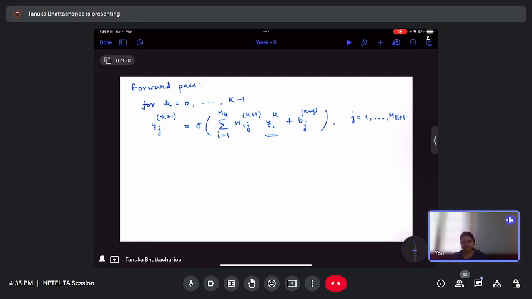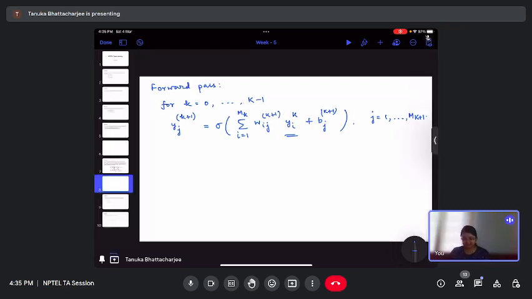In the kth layer you have, let us say, a total of mk neurons, so the summation goes from 1 to mk. You also have one bias term, bj k plus 1, and you apply a sigmoid function on top of this. You have to compute this for all the neurons of each layer to get the values of all the entities.